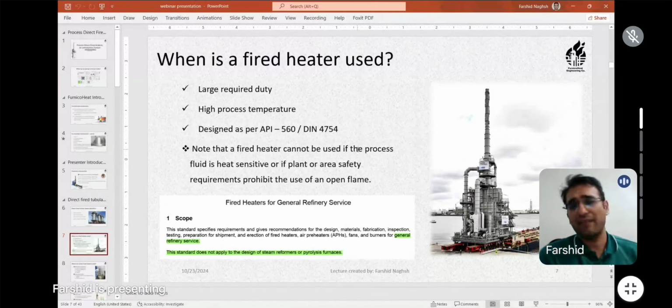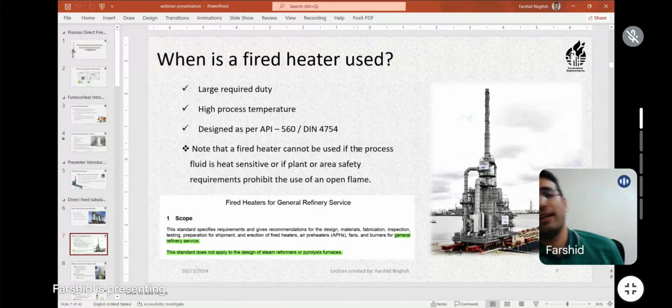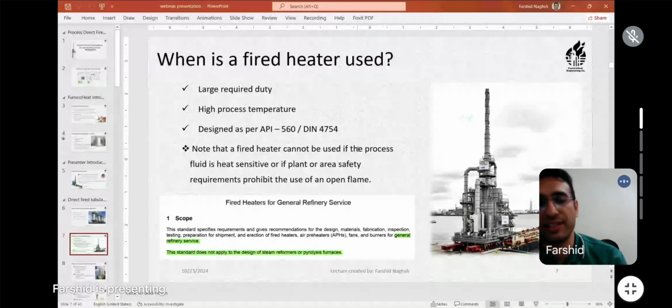We have many instances where my colleagues call me and ask me if we can use this part of API 560 as a reference for steam reformers. API 560 very directly prohibits you from using this standard for reaction furnaces like steam reformers or pyrolysis furnaces.